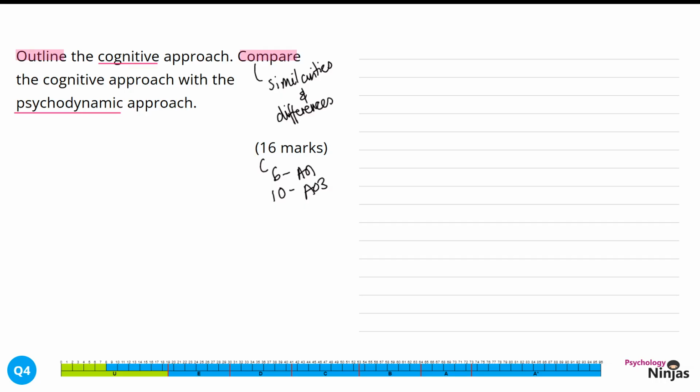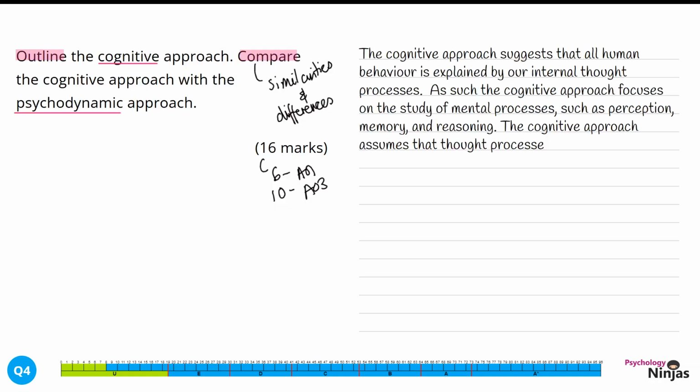We're going to start by outlining a particular concept within cognitive psychology. The cognitive approach suggests that all human behaviour is explained by our internal thought processes. As such, the cognitive approach focuses on the study of mental processes such as perception, memory, and reasoning.